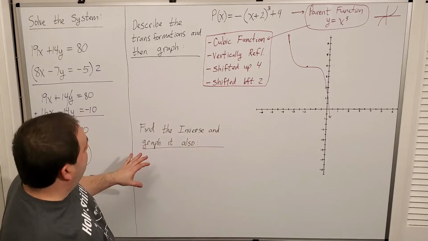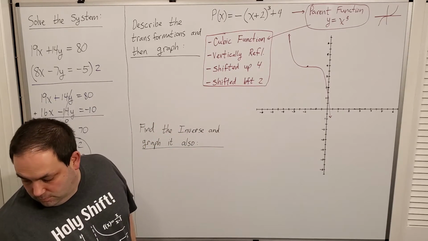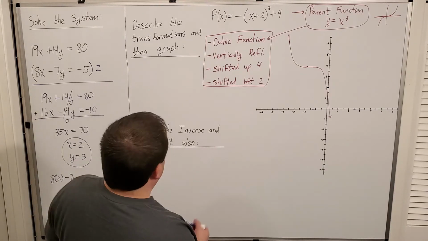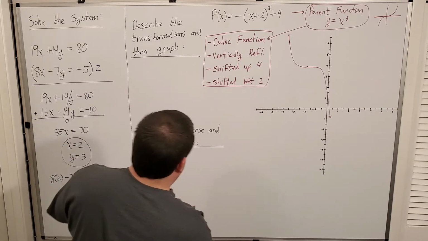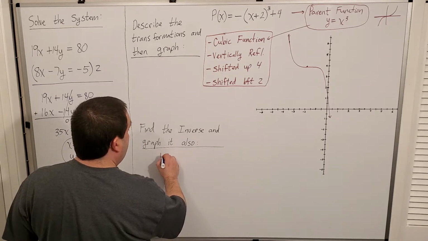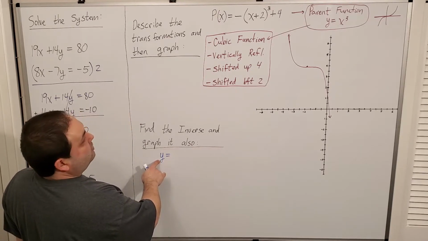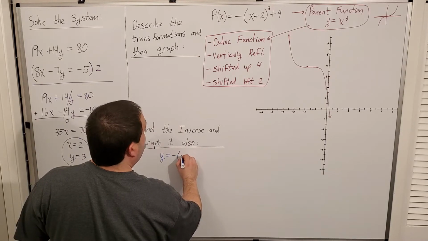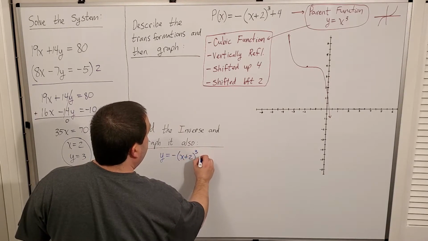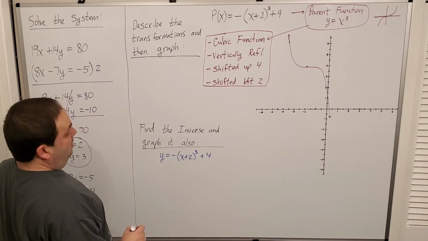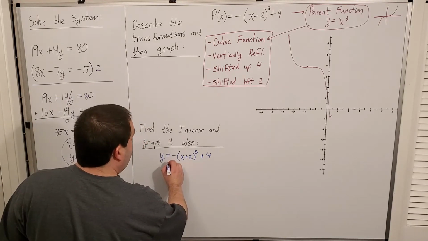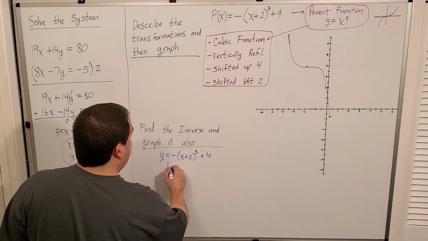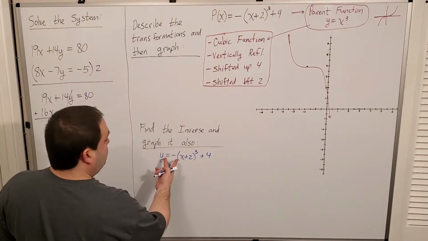Okay, find the inverse and graph it also. Well, finding the inverse is going to start off by letting p of x be represented with y instead. Negative, I have x plus 2 cubed plus 4. Okay, so then to actually do the inverse equation, I swap x and y.